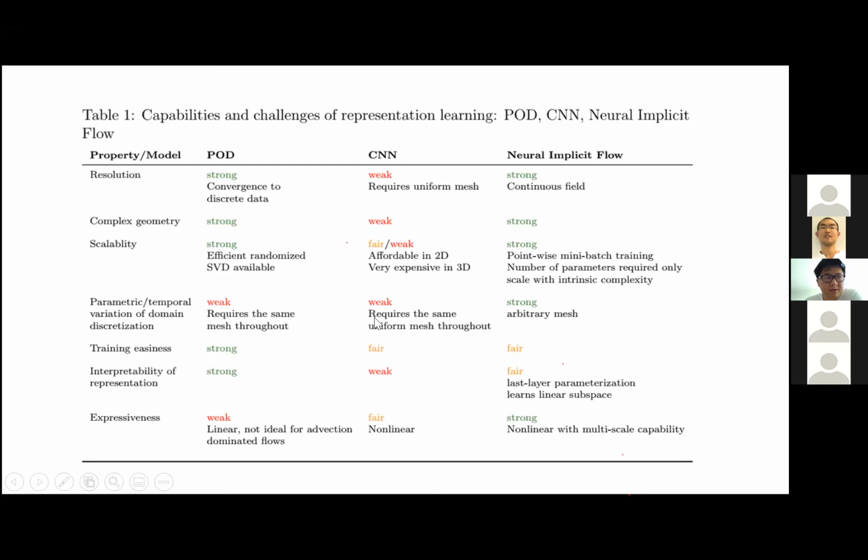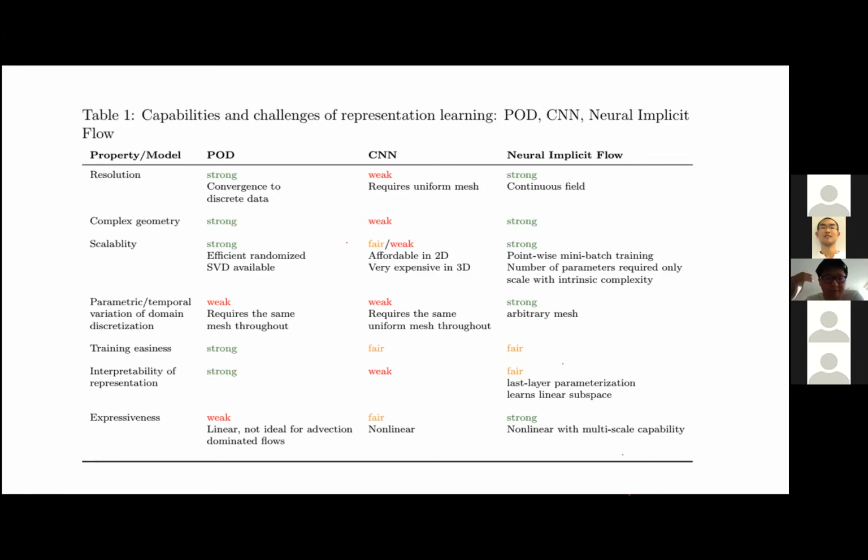If you're doing 3D turbulence at an industrial level, CNN won't be the one you want to use. However, Neural Implicit Flow has no such issues in terms of scalability, because there's not much difference when you're jumping from 2D to 3D, except you need longer training time. But for CNNs, because of memory issues, you won't be able to train if you have a really high resolution data set in 3D.